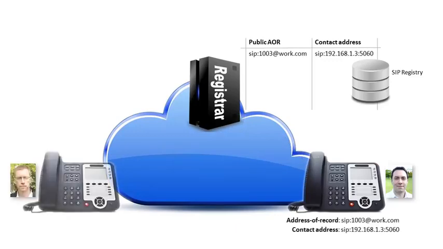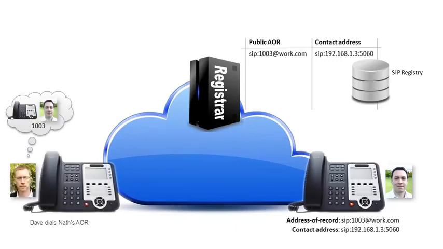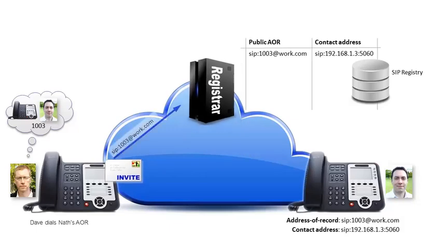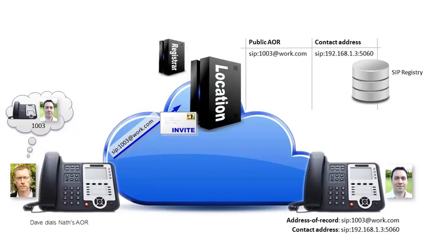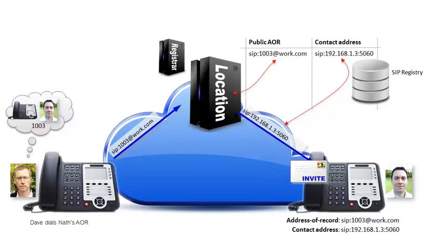Then, when I dial his public address, my user agent sends an invitation signal, not to Nathan's phone, it doesn't yet know its IP address, but to my provider's location service. It then queries the registry, retrieves the dialed party's IP address, and proxies the invite downstream to the phone.